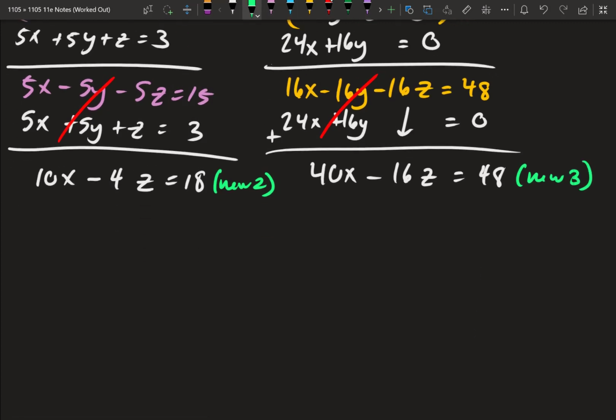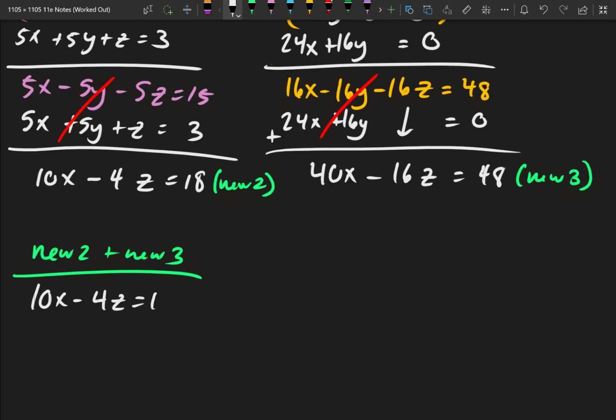All right, now we need to take new 2 and add it to new 3. We can either get rid of x or we can get rid of z. It does not matter. I'm going to get rid of z.